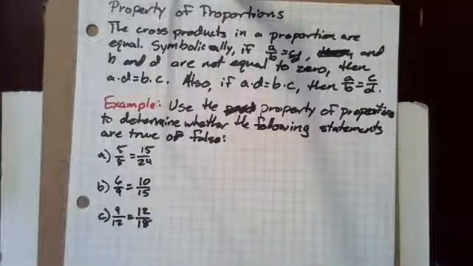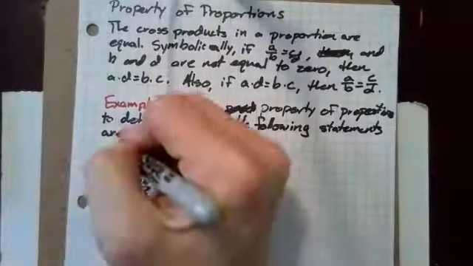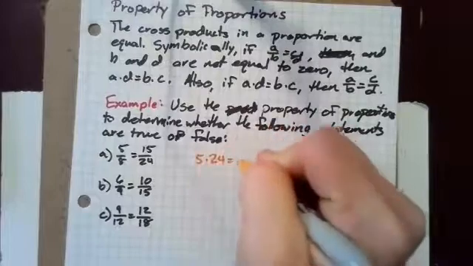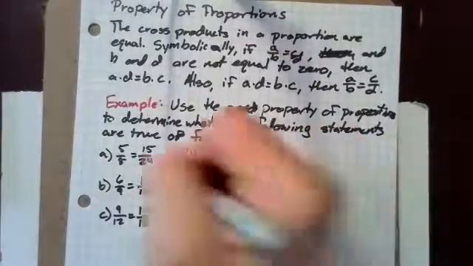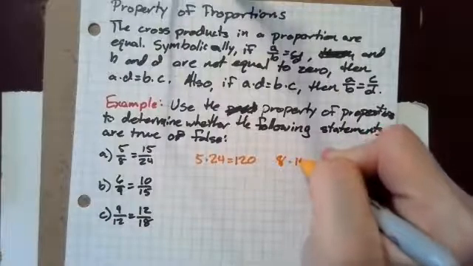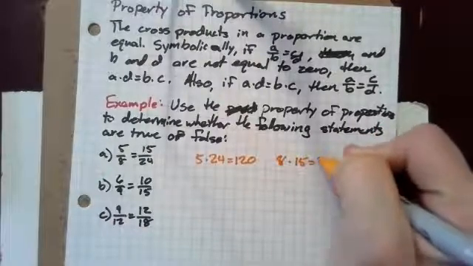So as an example, we'll use the property of proportions to determine whether the following statements are true or false. We're just going to multiply cross products and see if they're equal. So here we've got 5 times 24, which is 120. And we've got 8 times 15, which is also 120.